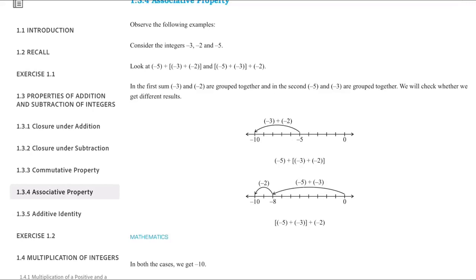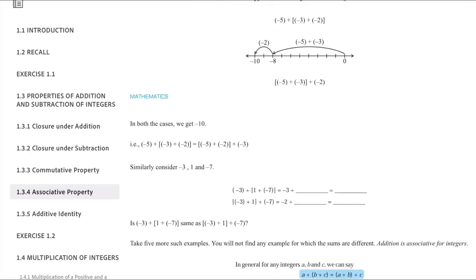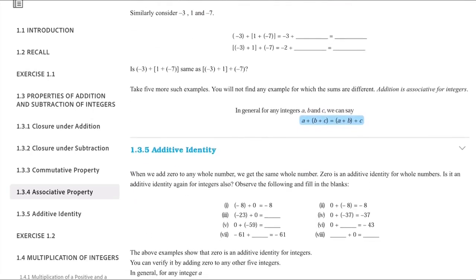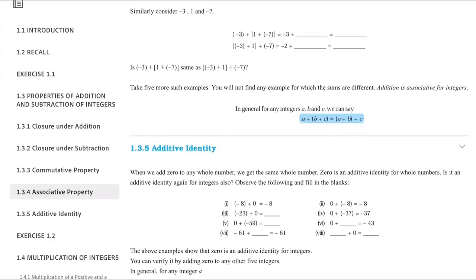So this is what the associative property says, that if we add a plus b, and the result is added to c, it equals a plus the sum of b plus c. Just see here, (a plus b) plus c is equal to a plus (b plus c).